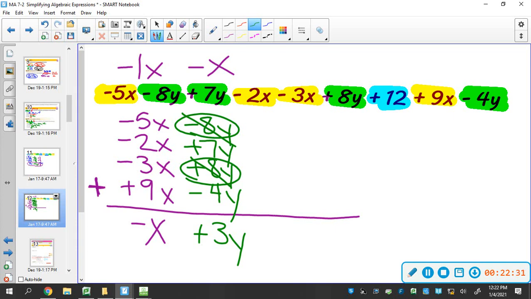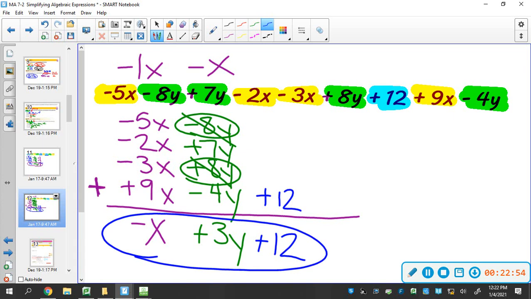If you were wondering before how I knew which variable to start with, variables go in alphabetical order. X comes before Y in the alphabet, so that's why I did my X values before all of my Y values. Okay? And constants just always go last. So my very last one here is a plus 12, so I just keep it the same, plus 12. Okay? And you can use this method as you're going through the other ones.